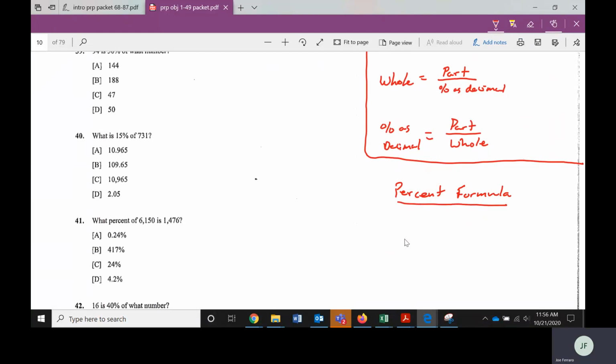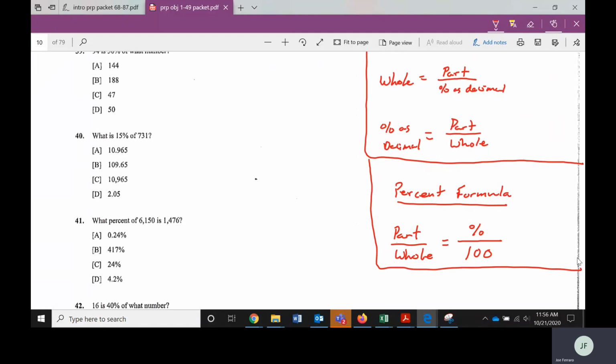What this is basically doing is setting up a proportion that you can cross multiply and divide and solve for. So the part over the whole will equal the percent over 100. And that 100 is always there.